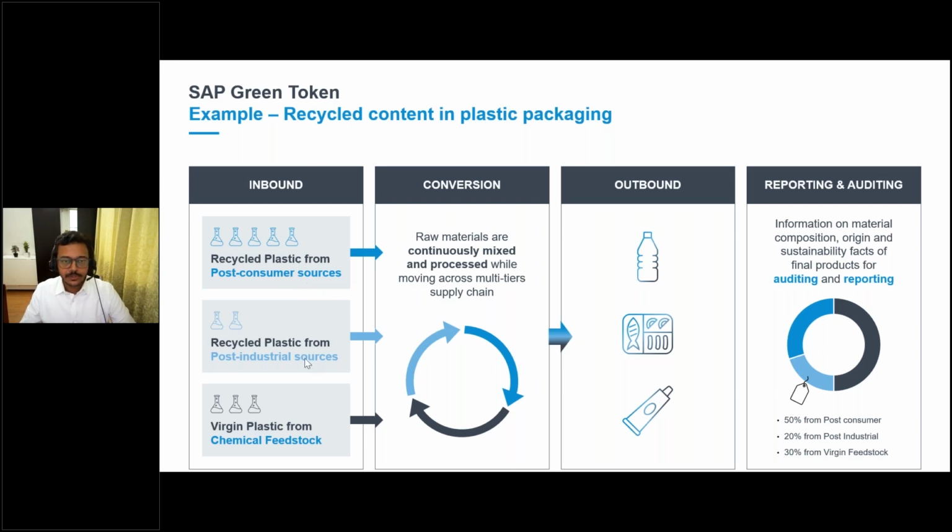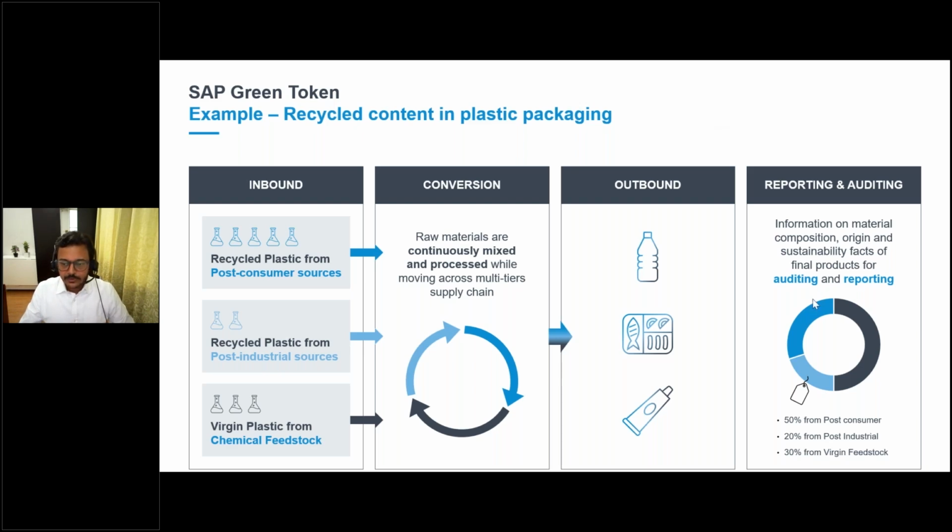You could have recycled plastic coming in from post-industrial sources, and you could have virgin plastic created from fossil fuels. And this goes through the different conversion processes within the organization to convert all of these mixed raw materials into the final products.